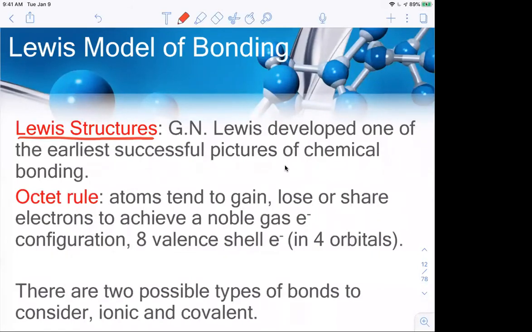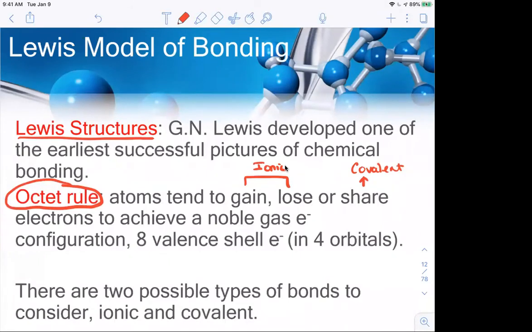involved in the structure. If you recall, the octet rule was a very large, important rule, which says that atoms tend to gain, lose, or share electrons. This would be for ionic bonding models, and this is for the covalent bonding model.